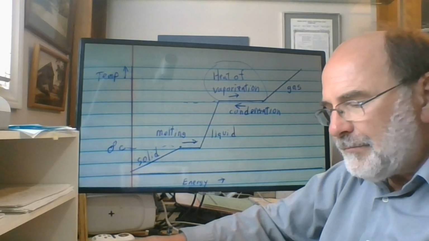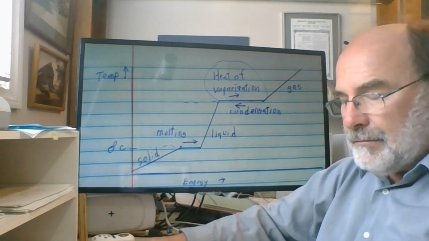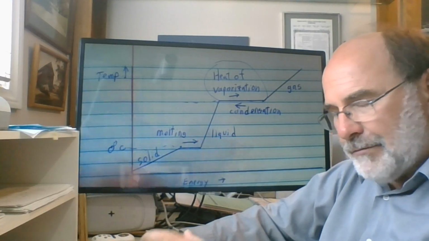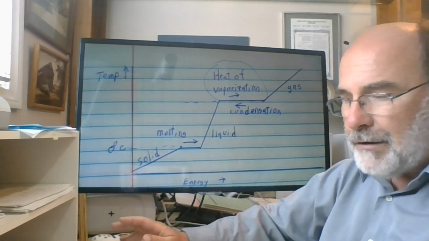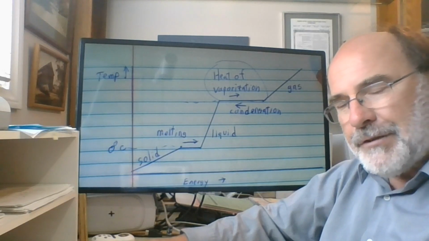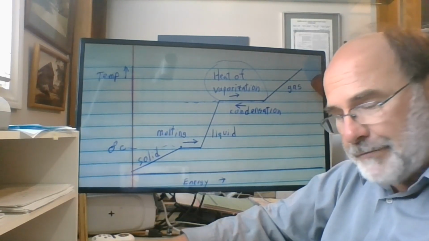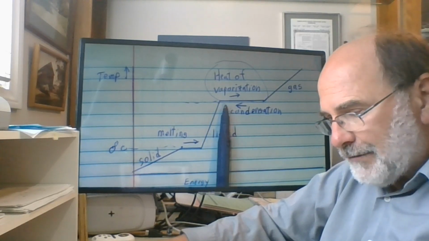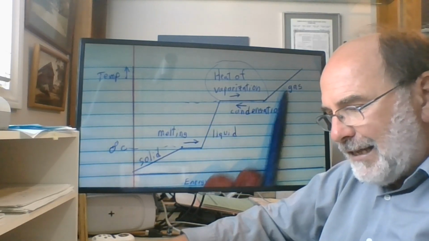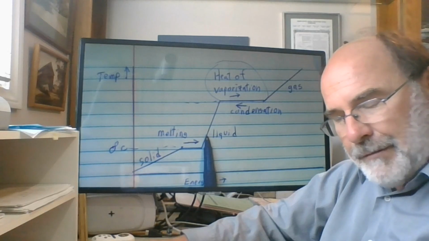Okay, so that's the name for the quantity that we associate with this plateau for a given substance. So in the case of water, for example, the heat of vaporization is some number that we would look up on our reference sheet. As we continue removing heat energy from it, it would condense from a gas into a liquid.